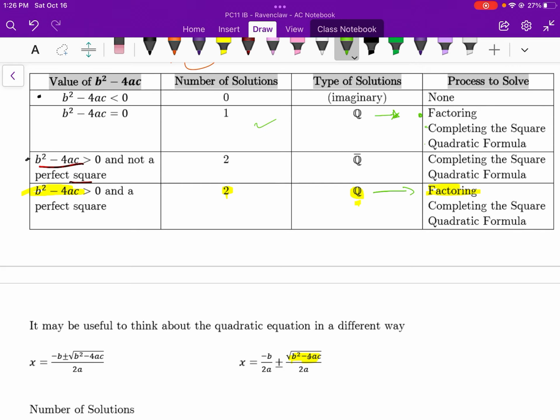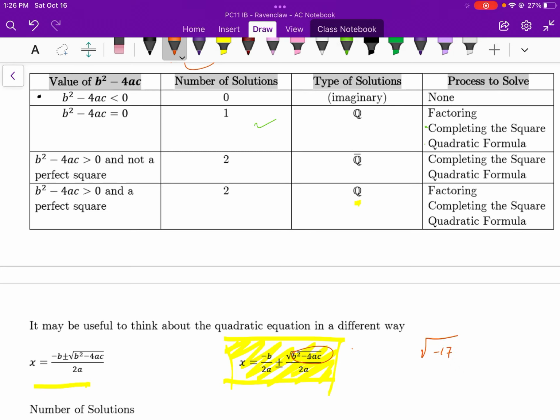So what helps us understand this is quite simple. I'm going to use my quadratic formula. I'm going to split it up so it looks like this. And really, let's go under the first case. If my discriminant is negative, I would have the square root of a negative number.